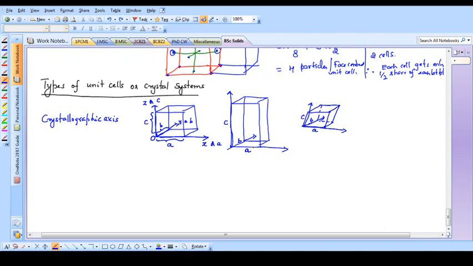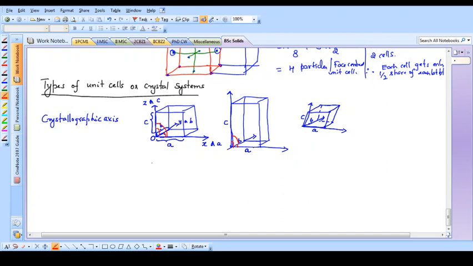Similarly, I can measure 3 angles. Angle between A and B, or angle between B and C, or angle between A and C. Okay. Here also I can measure an angle between A and B, an angle between A and C, or an angle between B and C.